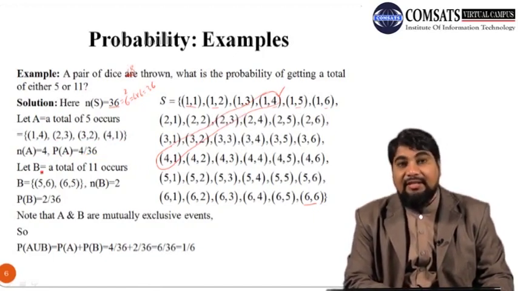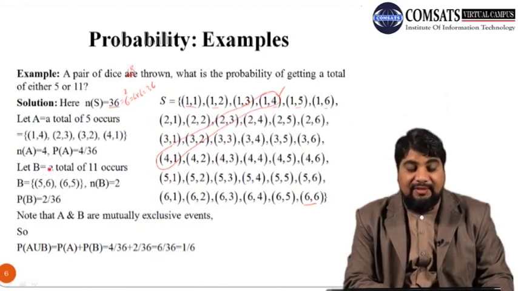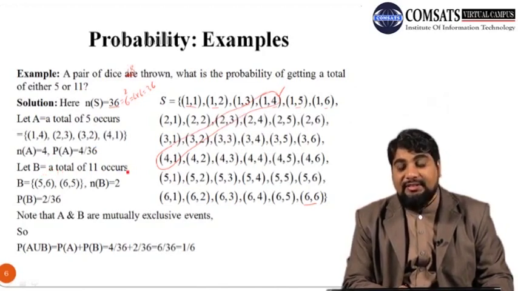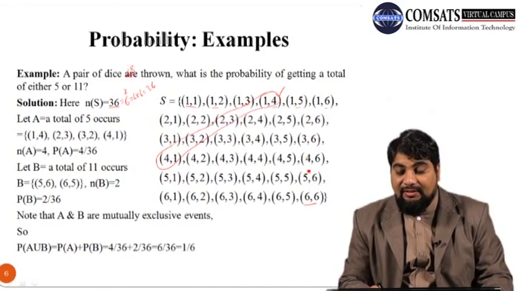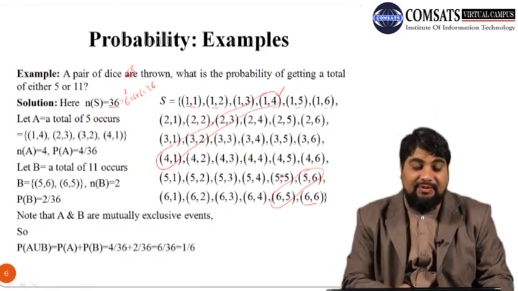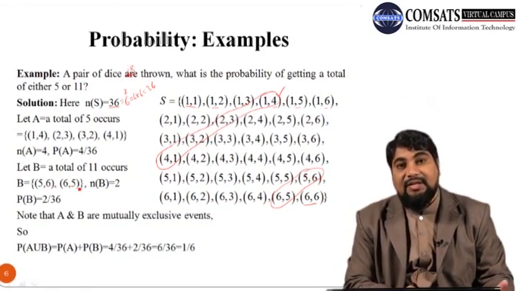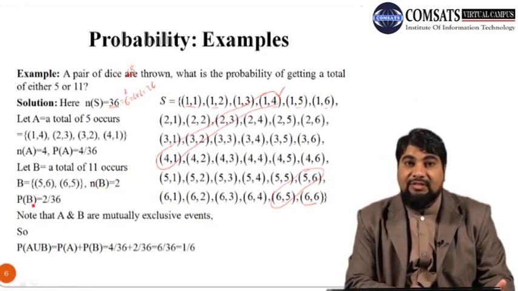And then define the event B that a total of 11 occurs. Again, a total of 11 means we have 6 5 and 5 6. So N(B) is 2, and the probability of B is 2 out of 36.